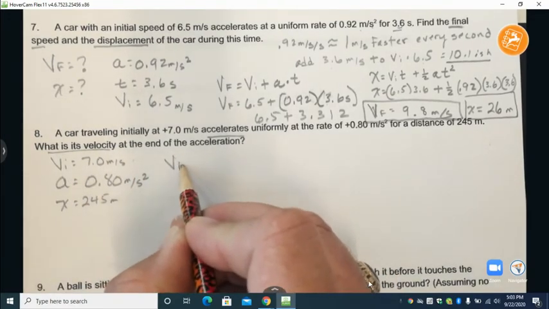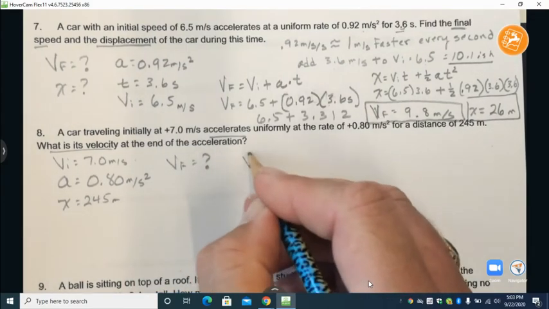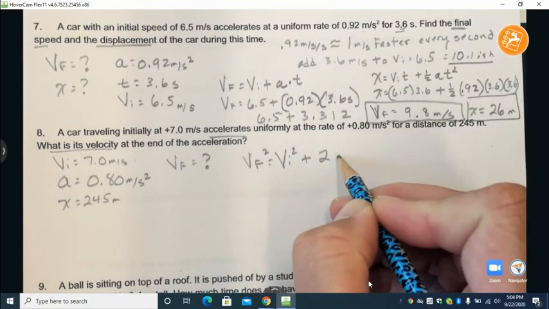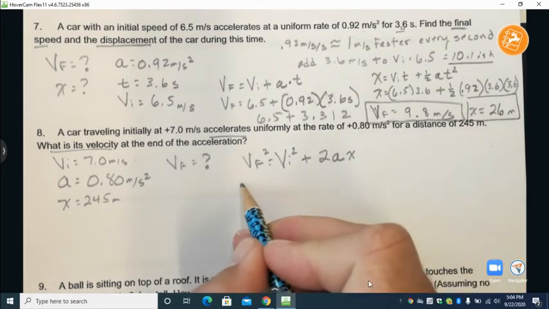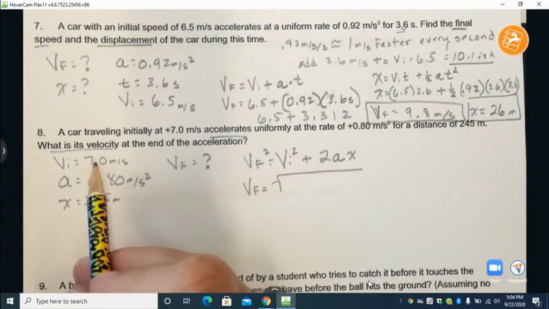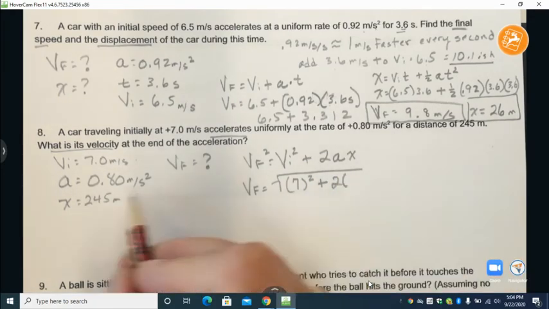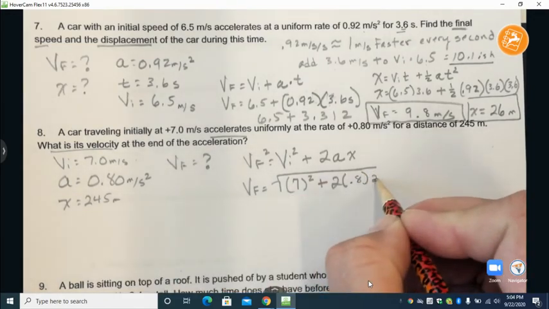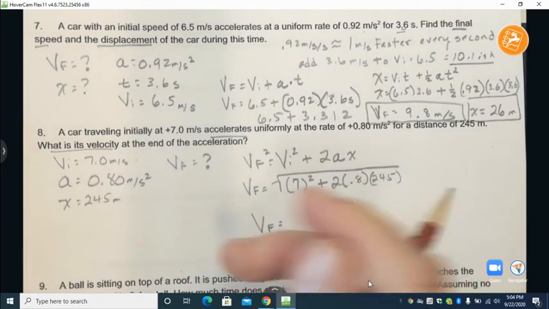So VF equals question mark, so we're solving for the final velocity here, and we need a formula that says the final velocity squared equals the initial velocity squared plus twice any acceleration that occurs and the distance that acceleration occurs. So the final velocity of this object is going to equal the square root of our initial velocity, which is 7. So don't forget to square that, plus twice the acceleration, 0.8, twice the distance that it occurs, 245, and we'll go down here and get our VF, okay?